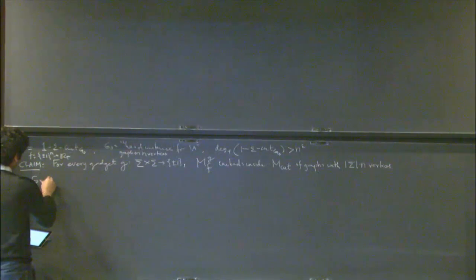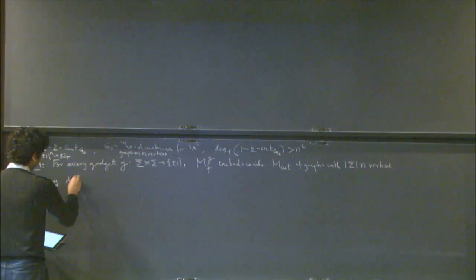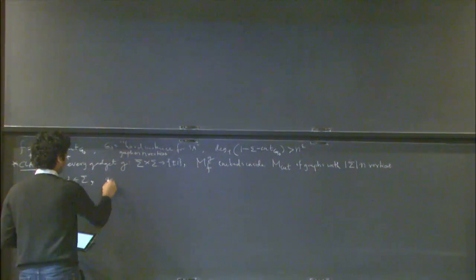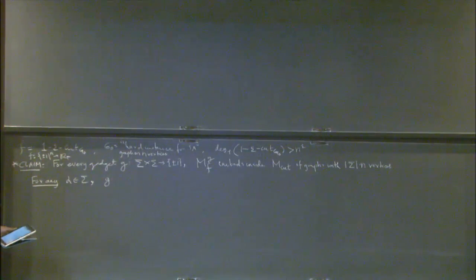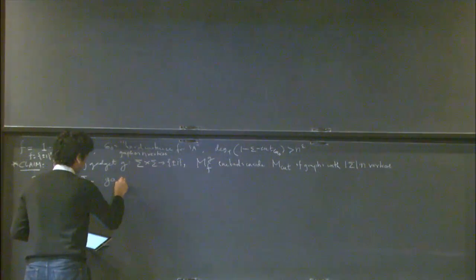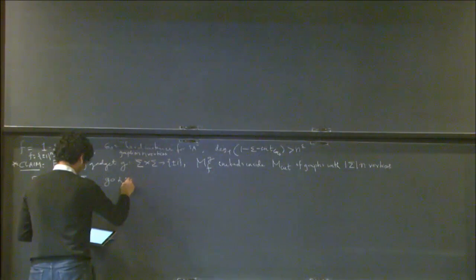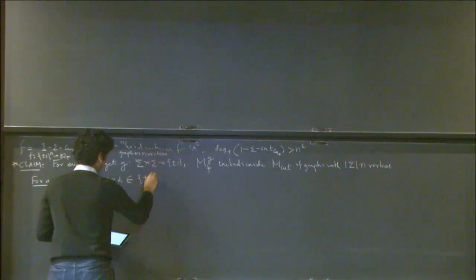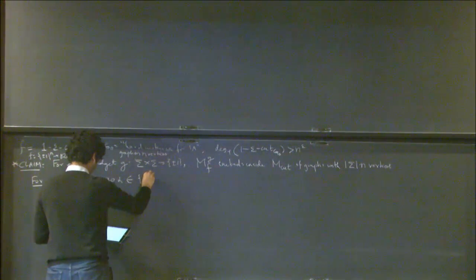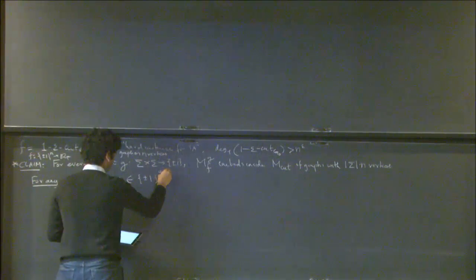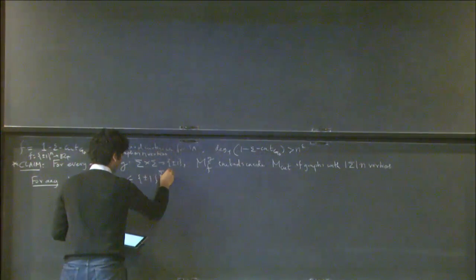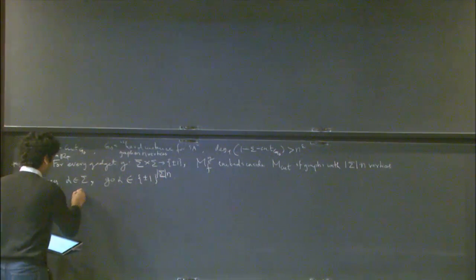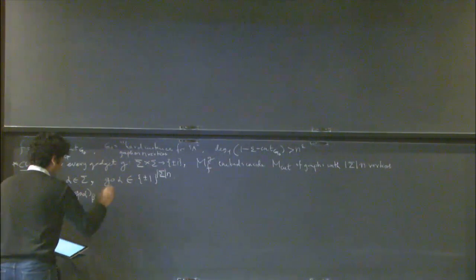For any alpha in sigma, I define a G encoding of alpha as a string in C.